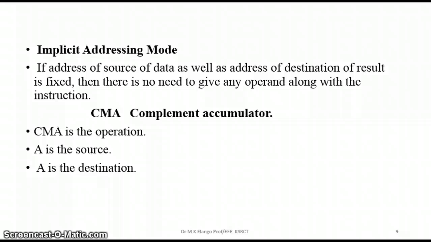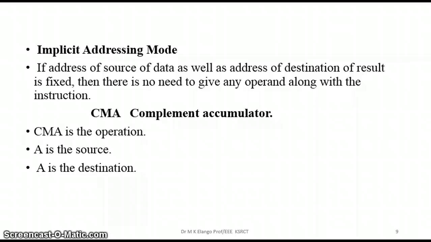The last category, implicit addressing mode instruction. Here, if the address of the source of data as well as the address of the destination of result is fixed, that is, source and destination both are fixed, then there is no need to give any operand along with the instruction. Example: CMA, that is complement accumulator.